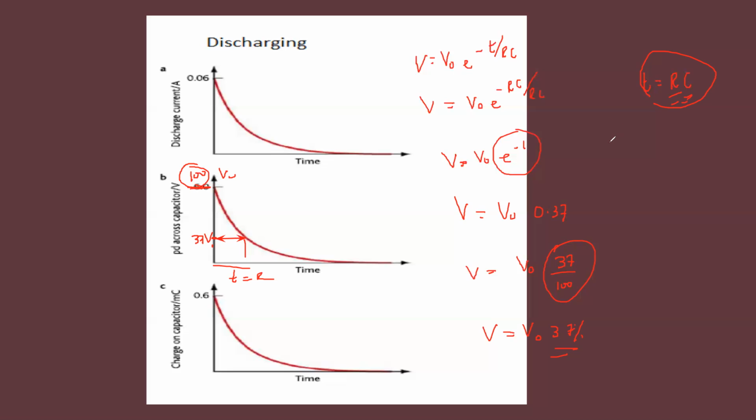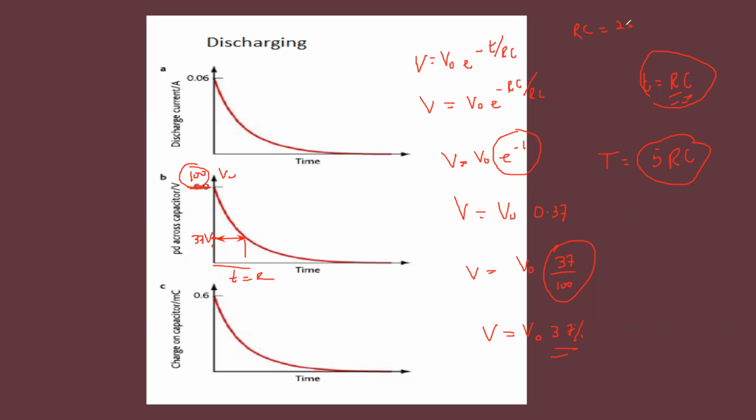Normally the complete discharging time for a capacitor is approximately, not an exact number, 5 times RC. The capacitor will discharge completely in approximately 5 times the value of RC. For example, when you multiply R and C, say you get the answer 2 seconds.